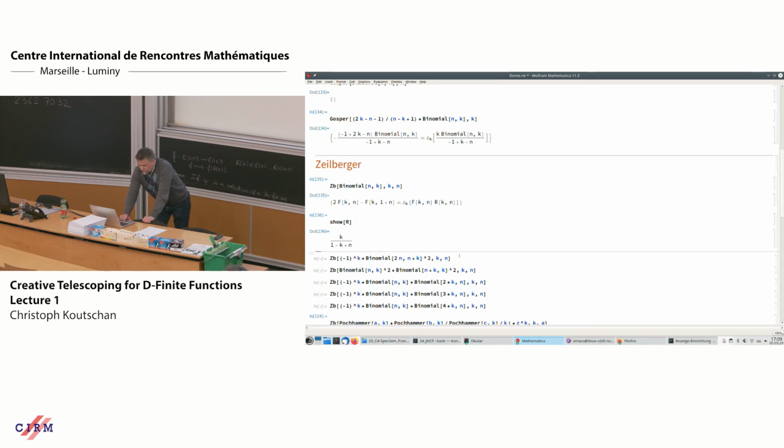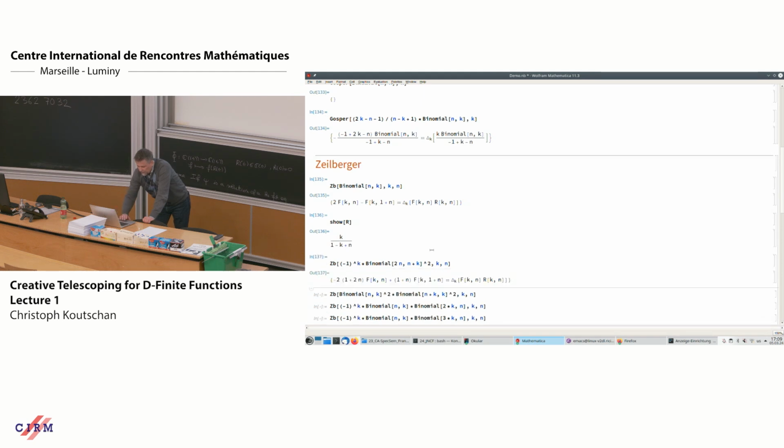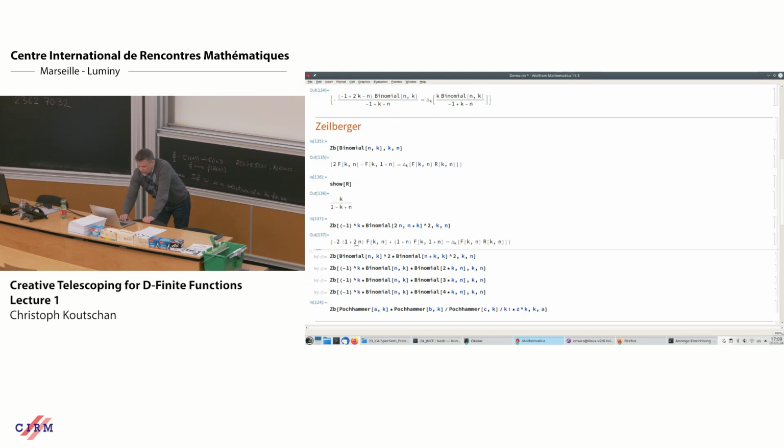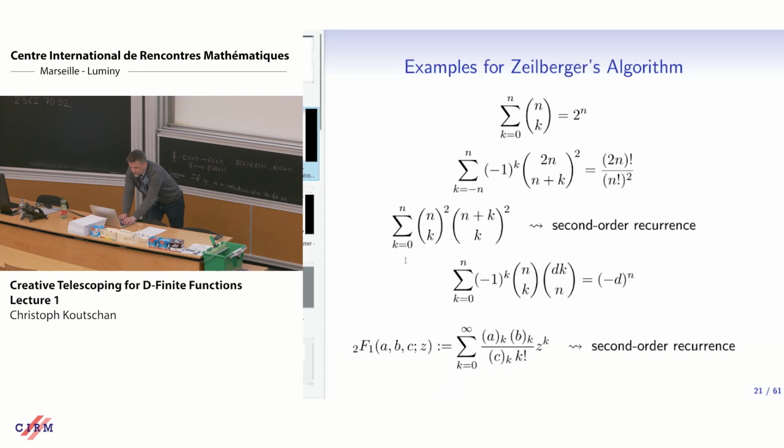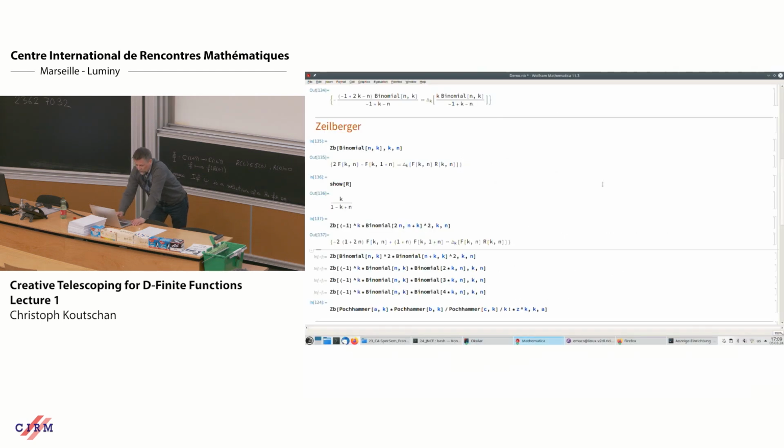Okay, and then we have other examples here. We have binomial 2n choose n plus k, squared, with an alternating sign. Again, this works. We also get a first order recurrence here, which means this is the second identity, that you get a closed form evaluation as a hypergeometric term.